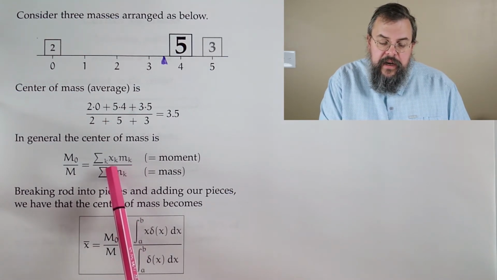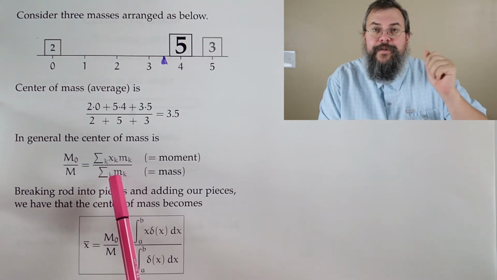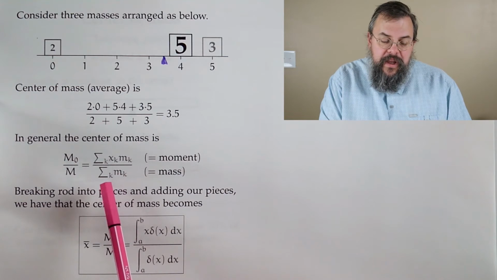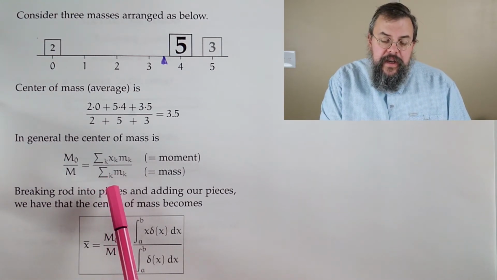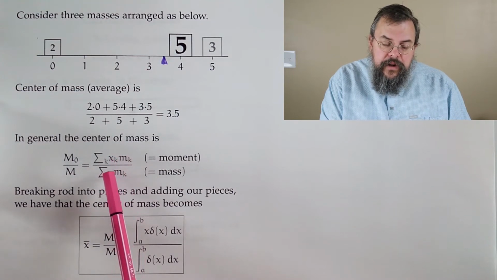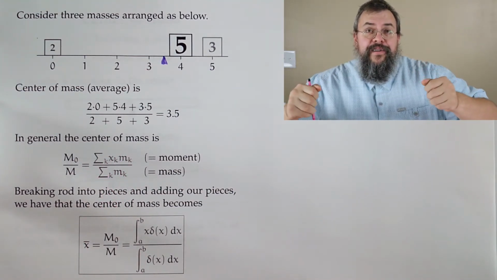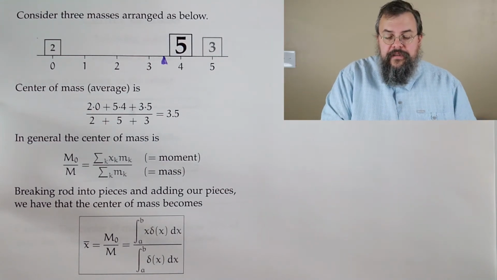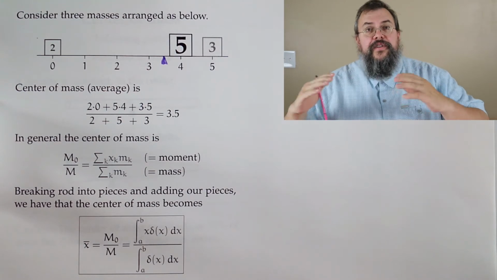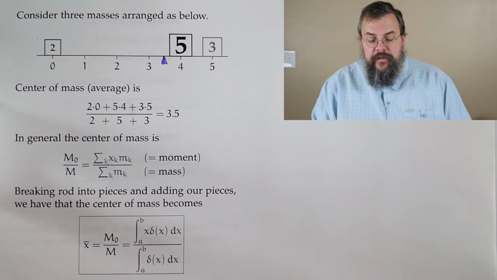That is sort of saying, this is how much of a vote you get, and here's what you're voting for. Divide by the sum of all the masses. In the end, we're essentially giving an average weighting for the x's. Places where there's more mass get to have more of a say. Places where there's less mass get less of a say. So its bias is towards the larger masses, but it doesn't completely ignore the smaller masses.